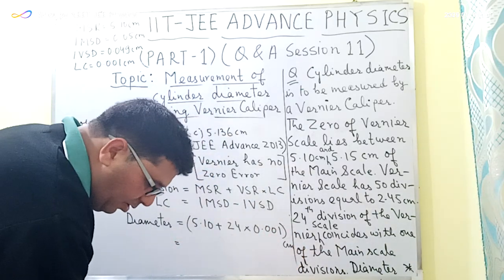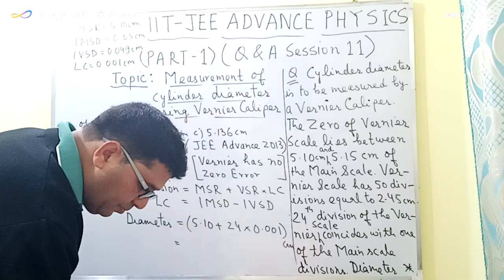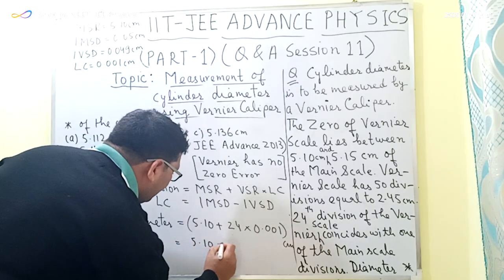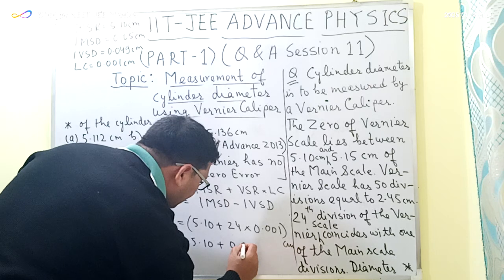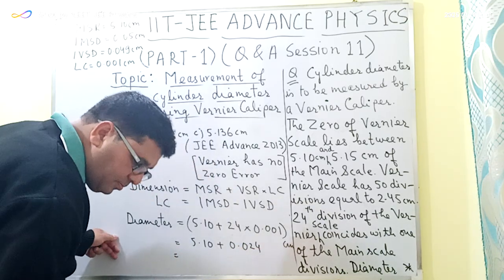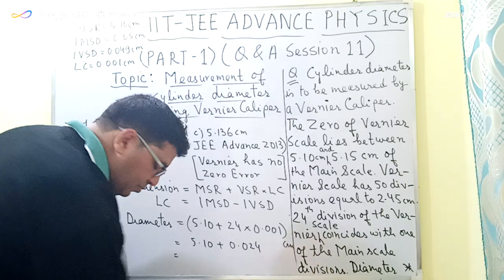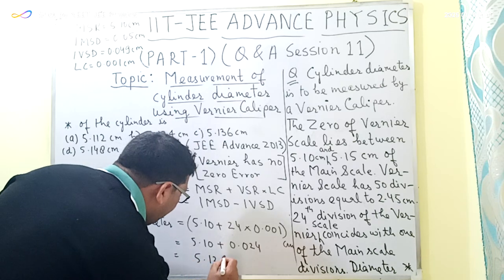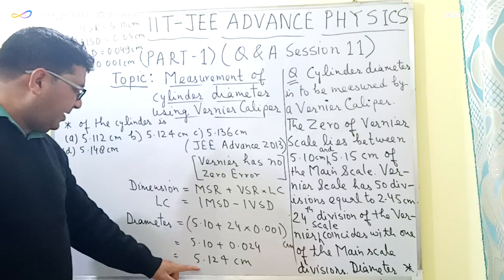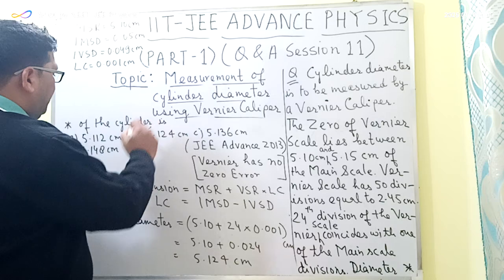So the diameter of the cylinder will be equal to 5.10 plus 0.024, and this is equal to 5.124 centimeter. So the diameter of the cylinder will be equal to 5.124 centimeter. So the correct option here is B.